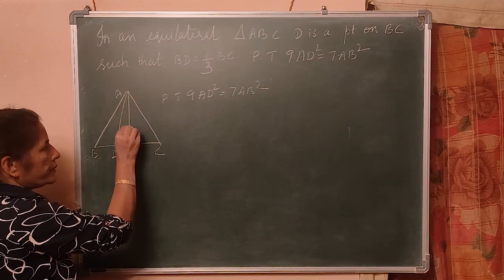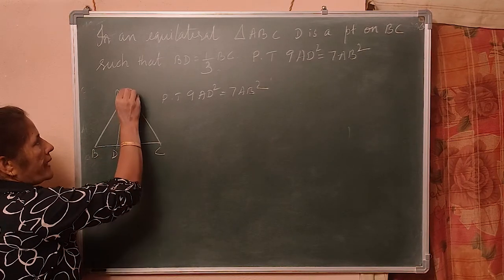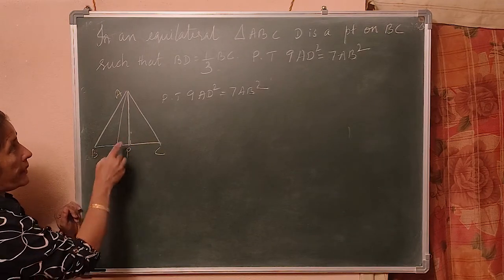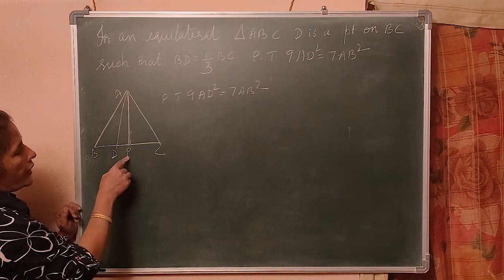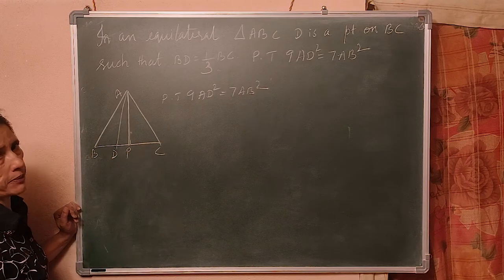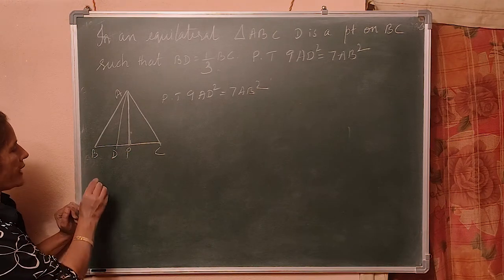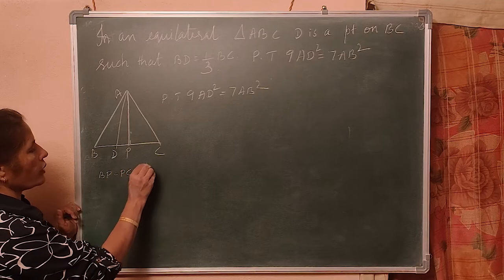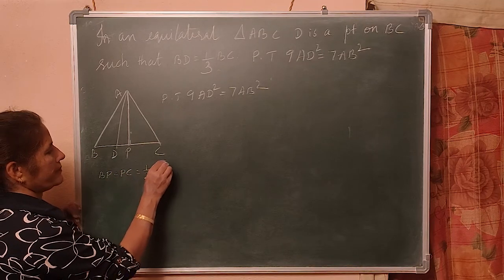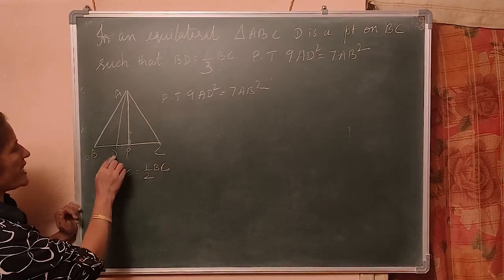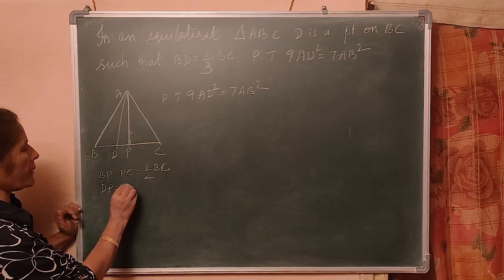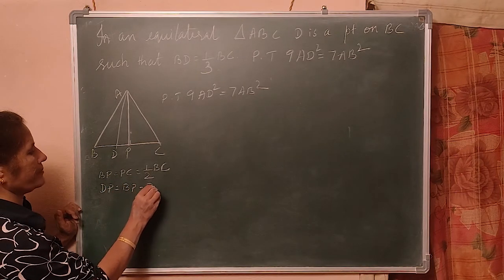What can I do? So when I draw the perpendicular AP, you know, the perpendicular drawn in an equilateral triangle divides the base into 2 equal parts. So I can say BP is equal to PC is equal to half of BC. What is DP equal to? DP is equal to BP minus BD.